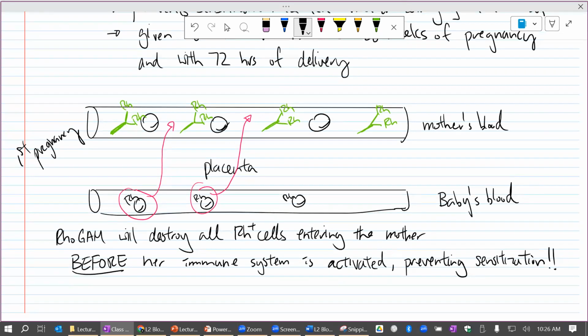Okay, having the RhoGAM will mop up all the Rh positive cells that are coming in. They clean it up so quickly that the immune system will not be activated. The mother is not sensitized.